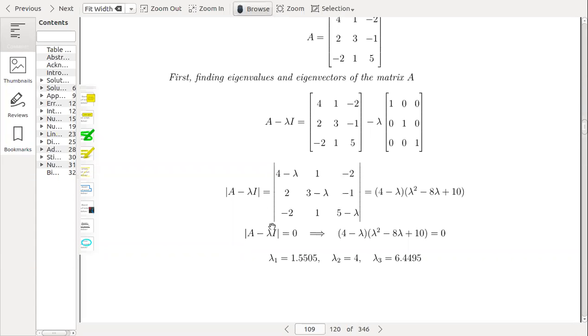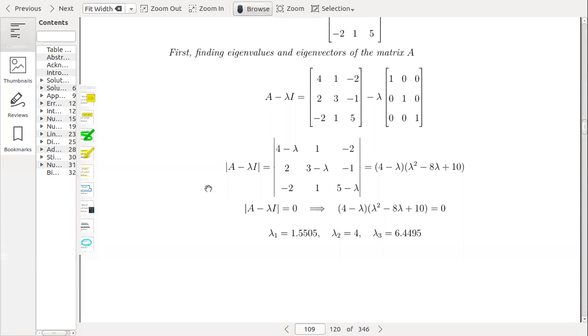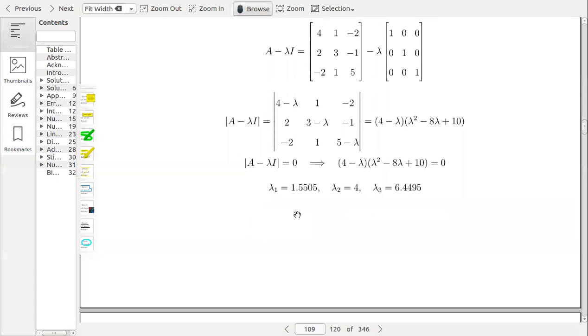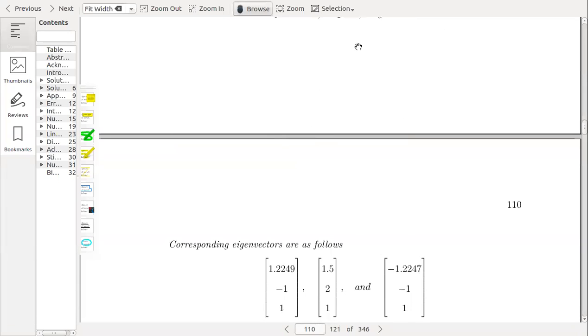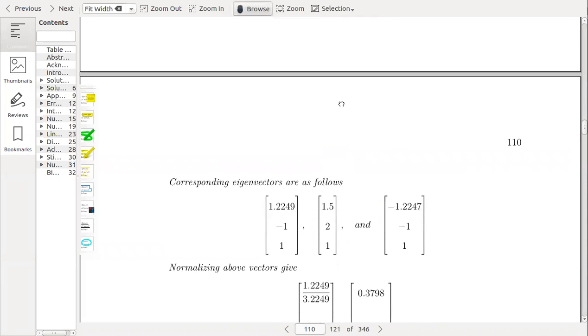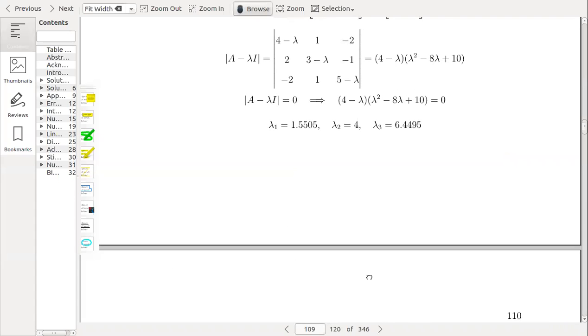We evaluate the determinant and get (4 minus lambda) times (lambda squared minus 8 lambda plus 10) equals 0. Lambda 1 is equal to 1.5505, lambda 2 is equal to 4, and lambda 3 is equal to 6.4495. And then the corresponding eigenvectors are as follows.